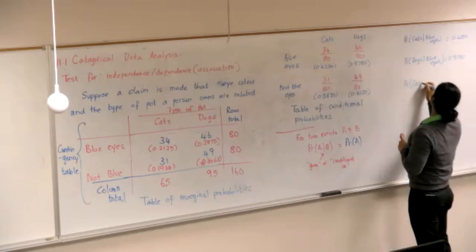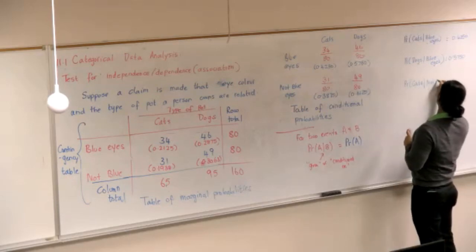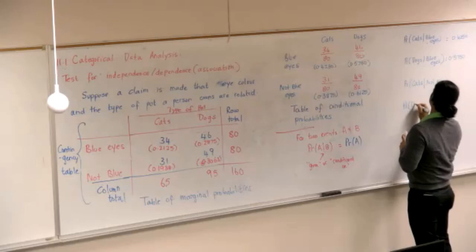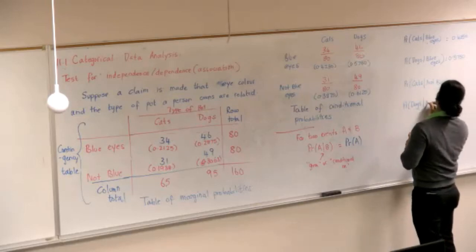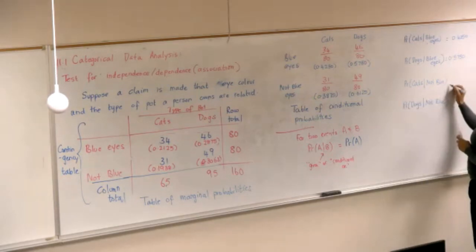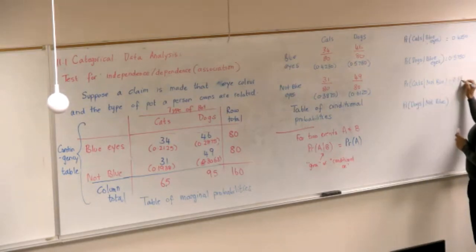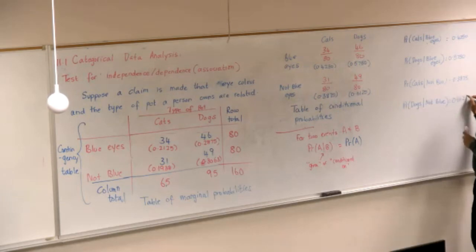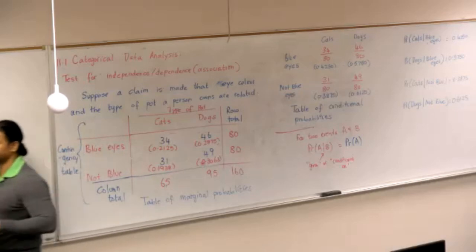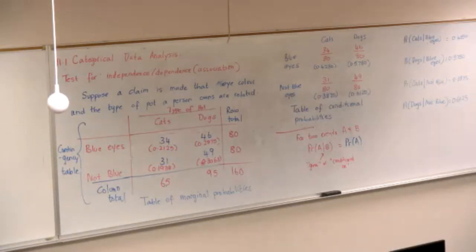Likewise, cats conditioned on not blue, and dogs conditioned on not blue: 0.3875 and 0.6125. Good.